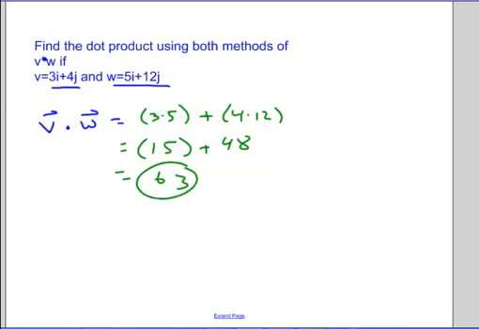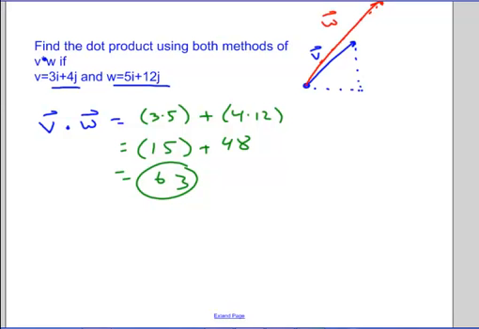Let's draw out what these look like and talk about what that means. So v is something like that, over 3 up 4. And w is over 5 up 12, so something like this.